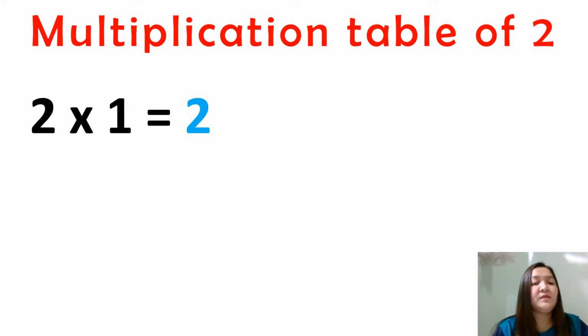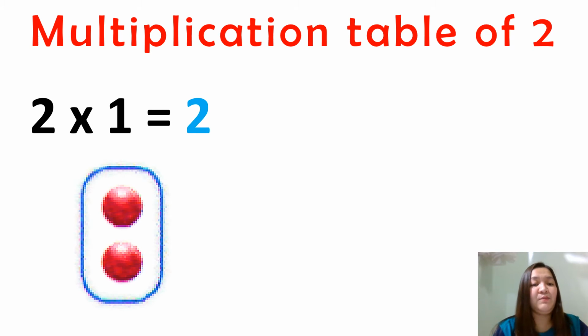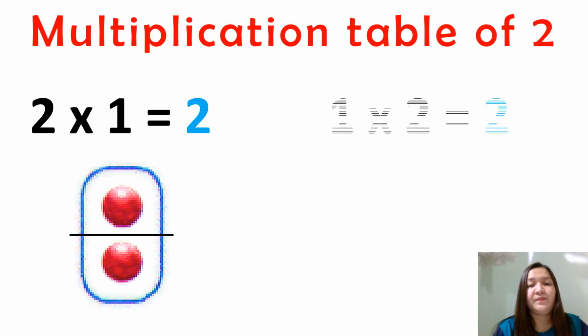Multiplication table of 2. 2 times 1 is equal to 2. That means we have 2 groups of 1 ball. Or we could also say 1 multiplied by 2 is equal to 2.